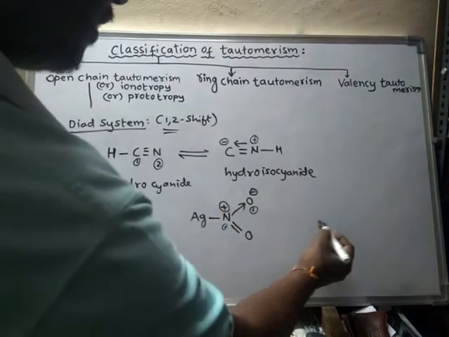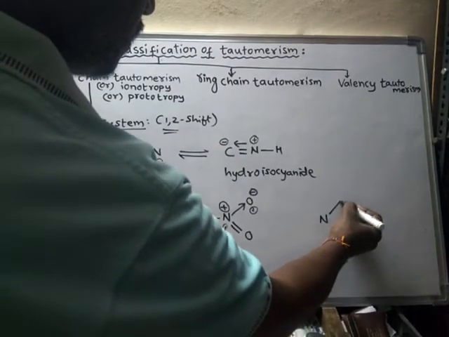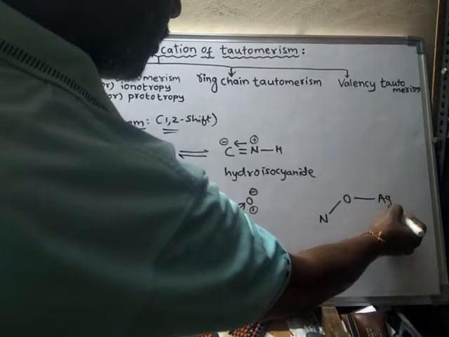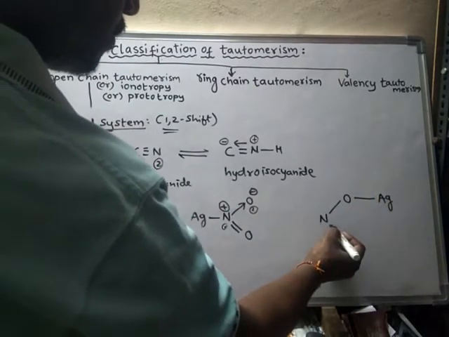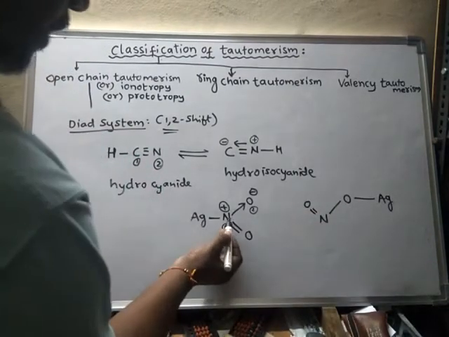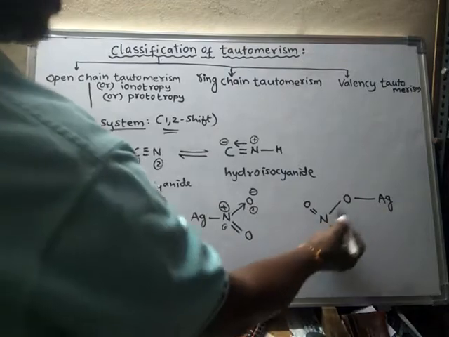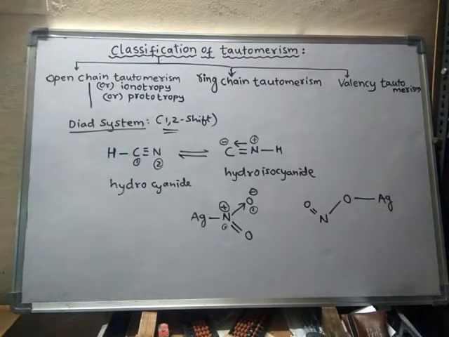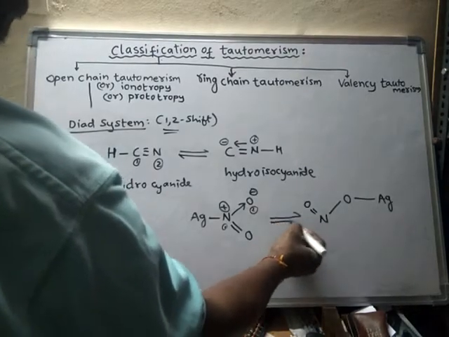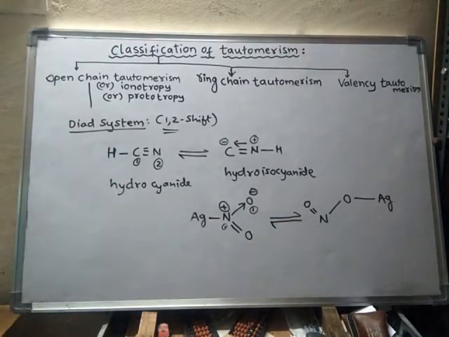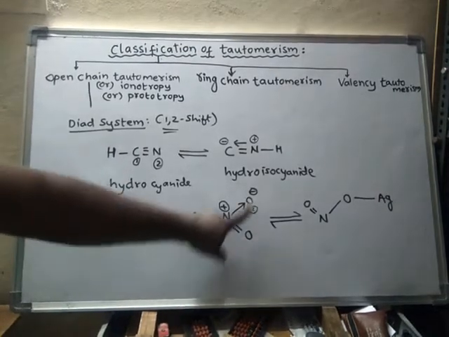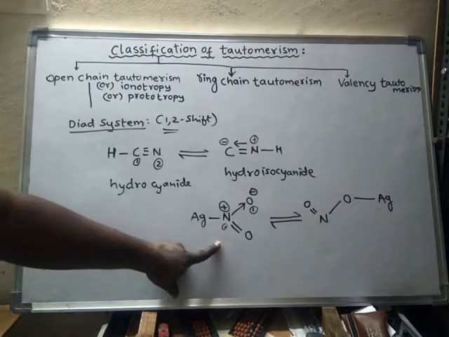Here the silver is shifted to oxygen and forms this bond, and the nitrogen forms a double bond like this. So silver nitrate also shows tautomerism. It is the only molecule which does not contain hydrogen.